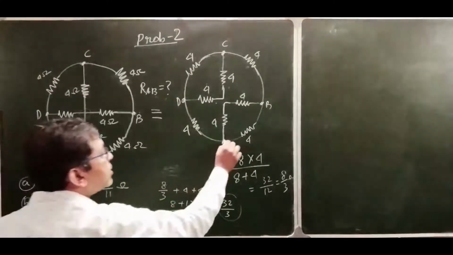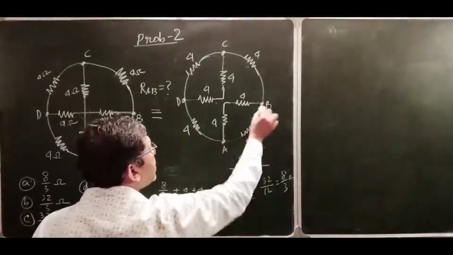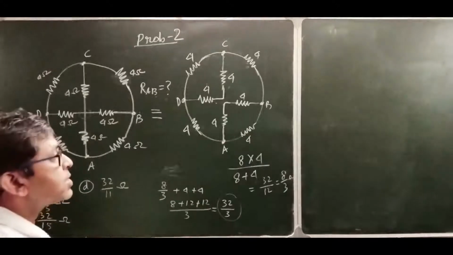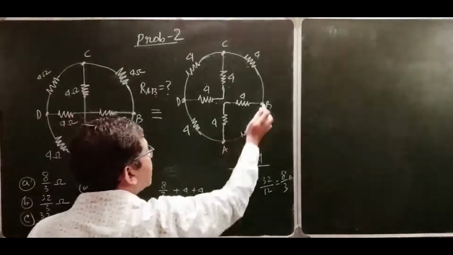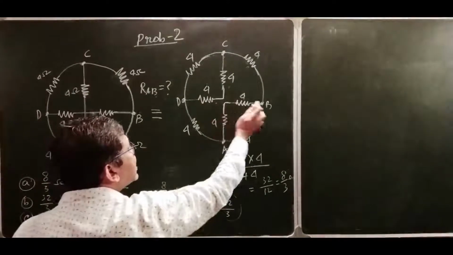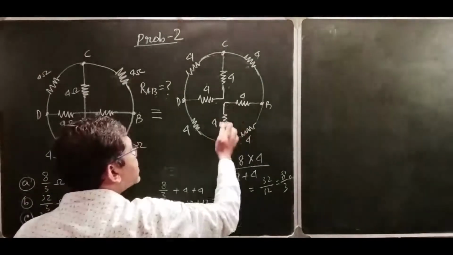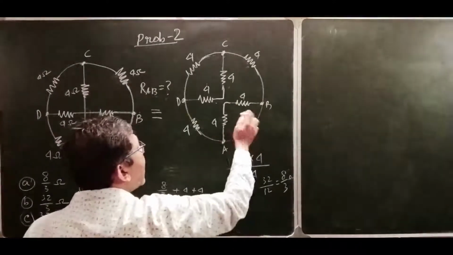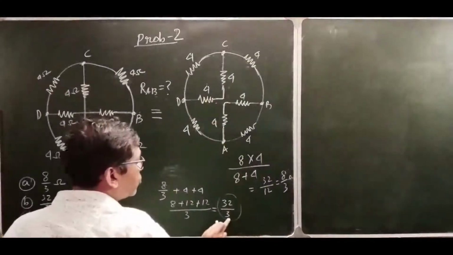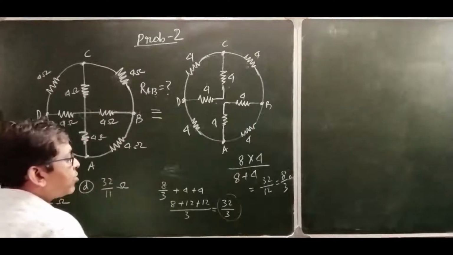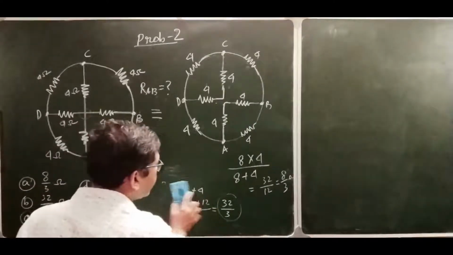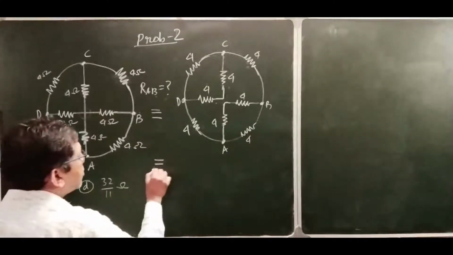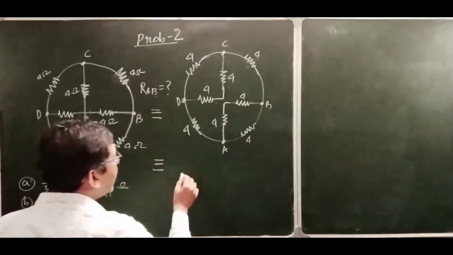If you consider these two junctions A and B, there are now three resistances. One resistance is 4 ohm, the other one is these two resistances which are in series connection, that means 4 plus 4, 8. So 8, 4 and that 32 by 3. So the final equivalent circuit will be like this.